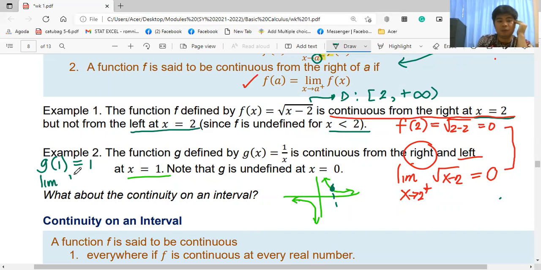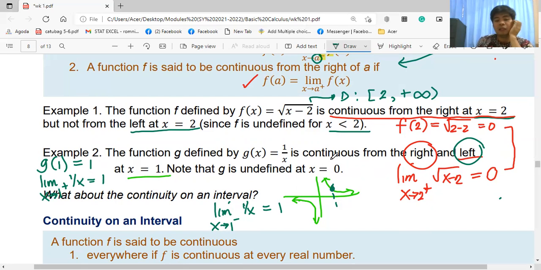And the limit of 1 over x as x approaches 1 from the right, let's have plus here as a symbol, that still gives you 1. If you check the left, the limit of 1 over x as x approaches 1 from the left also gives you 1. Kaya nilagay dito, right and left continuous siya.